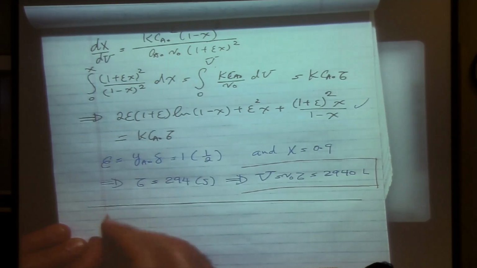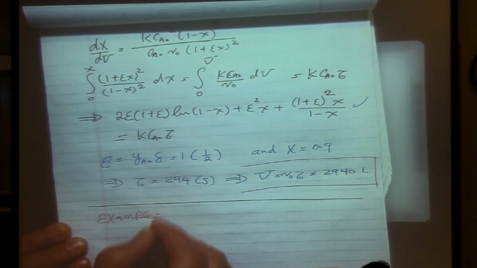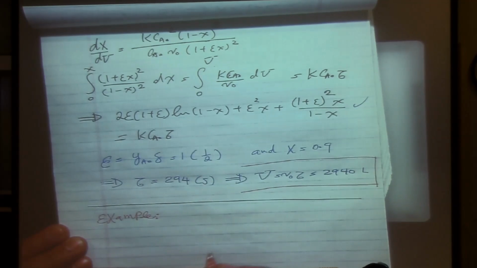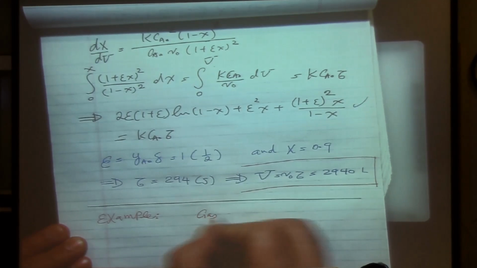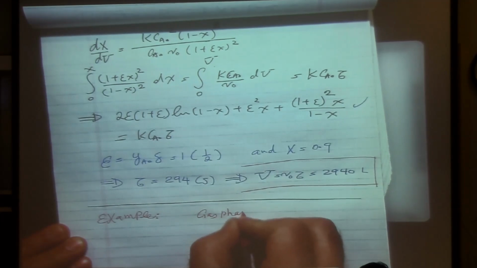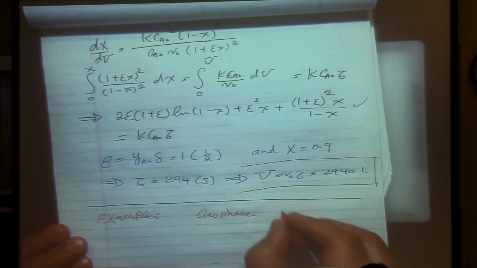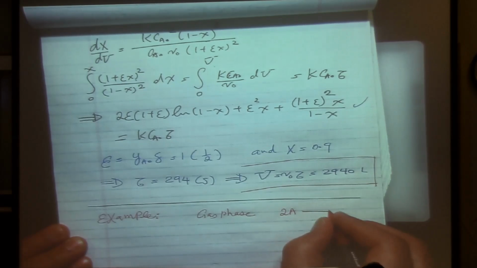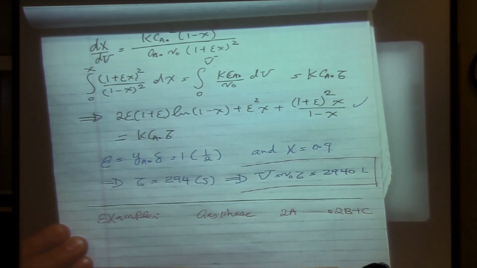So, example. We have a gas phase reaction, which is 2A gives 2B plus C, and this is taking place in a batch reactor.